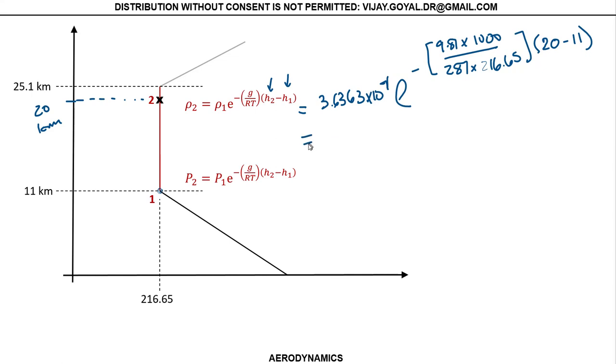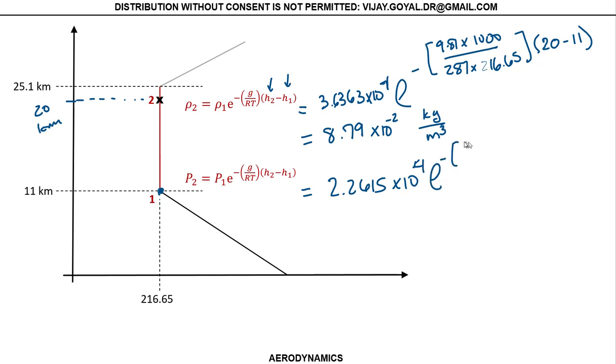So the answer that you get when you calculate this is 8.79 × 10^-2 kilograms per meter cubed. Then the pressure, again, is the same value that we start at this particular location, times 10 to the 4, times e to the minus 9.81 times 1,000.